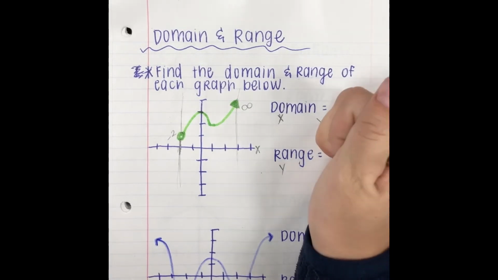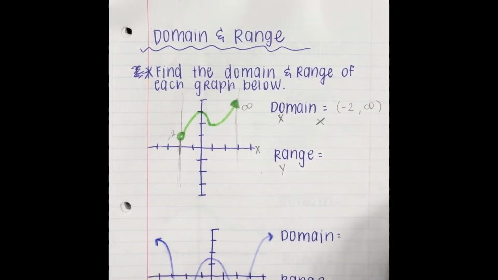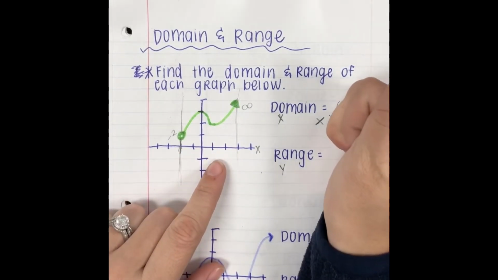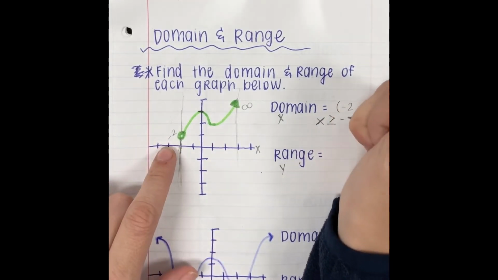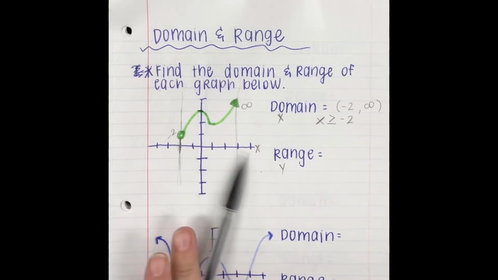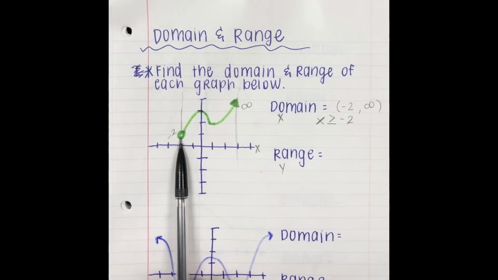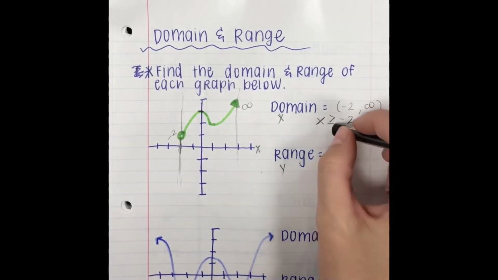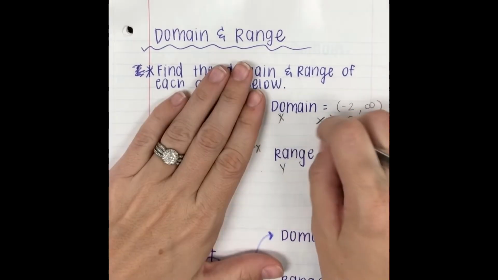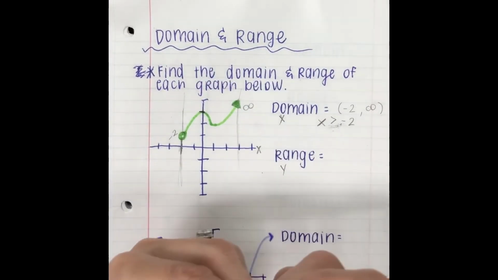You can say, we can pick any value on my x-axis as long as that value is greater than -2. Ooh, sorry guys. Ignore that. We have an open circle, right?